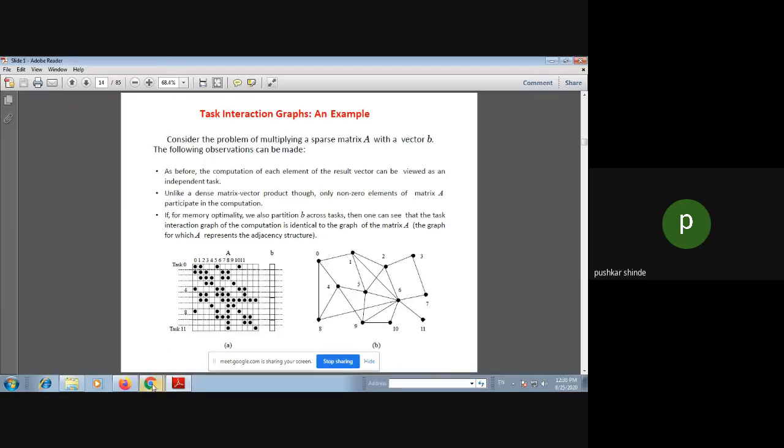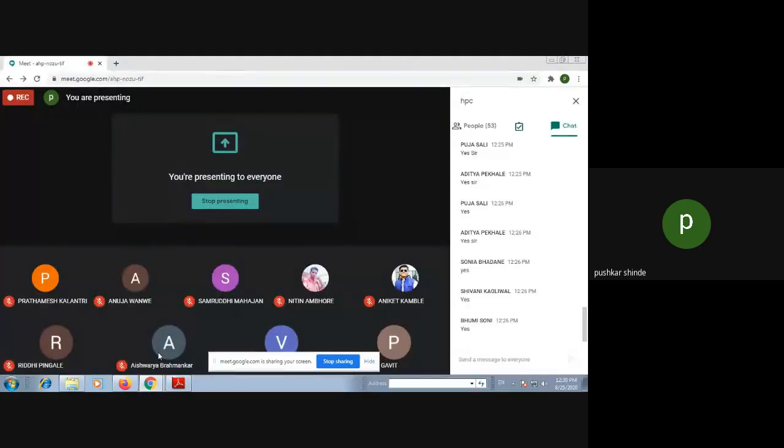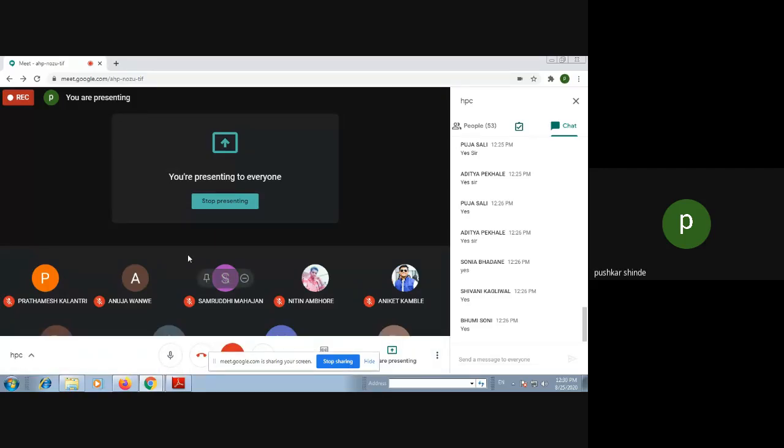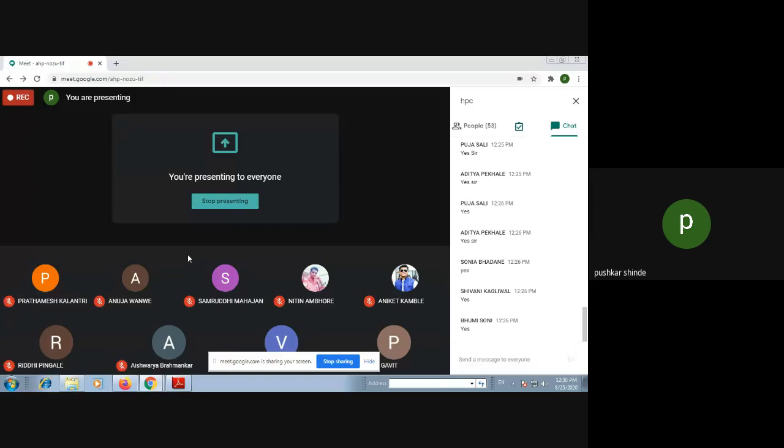Getting how the task interaction graph has been drawn? It is a little advanced concept, but understand it logically so that you get it properly. We don't need to go too much into the example. It is just a sample task interaction graph, because we have studied it. The edge between tasks shows that data exchange is happening between the tasks, communication is happening between the tasks.